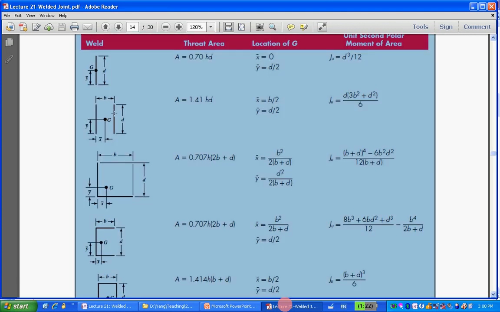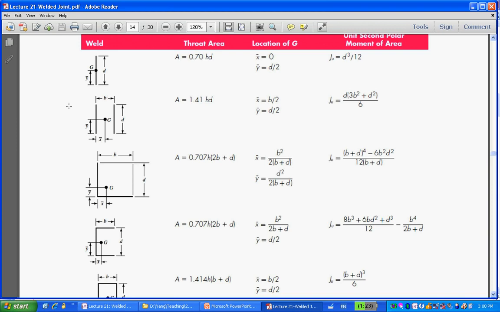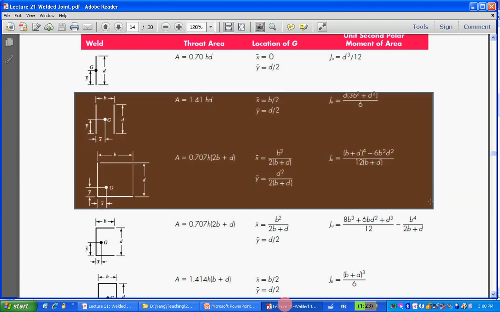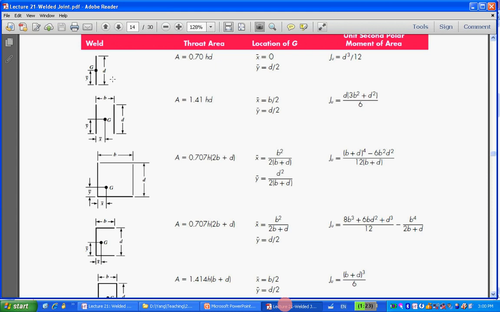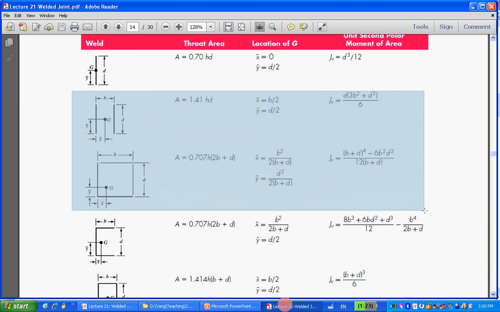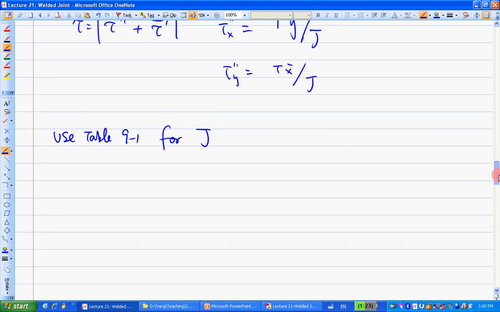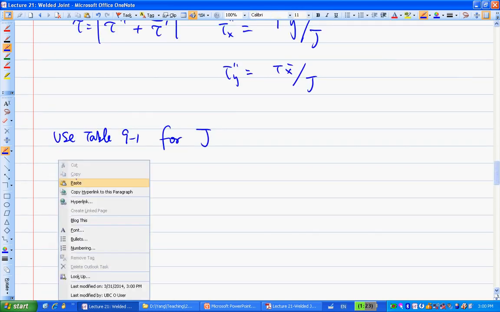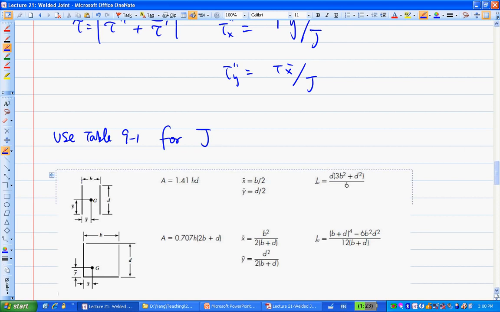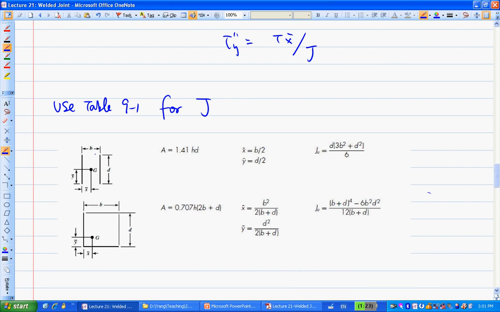Maybe I'll just draw a couple of them here. For example, we have two vertical bars here.